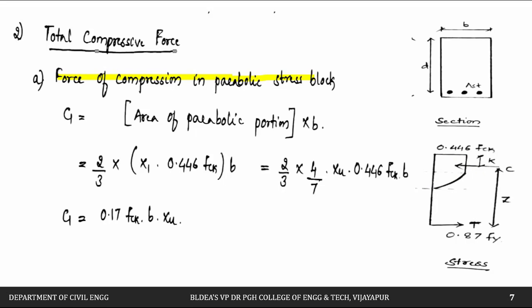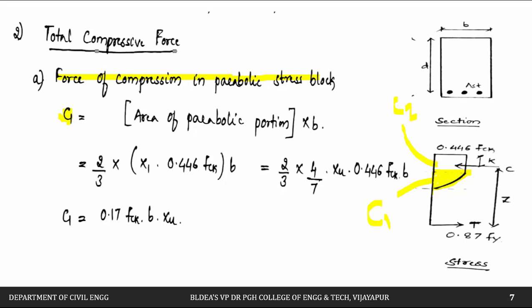First we'll calculate the force of compression in the parabolic stress block, that means this bottom portion. I will consider this as C1 and this as C2. How to calculate now?